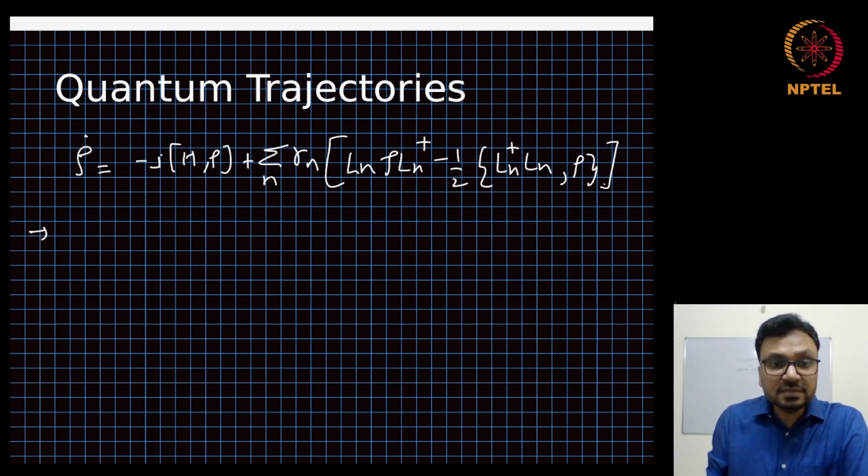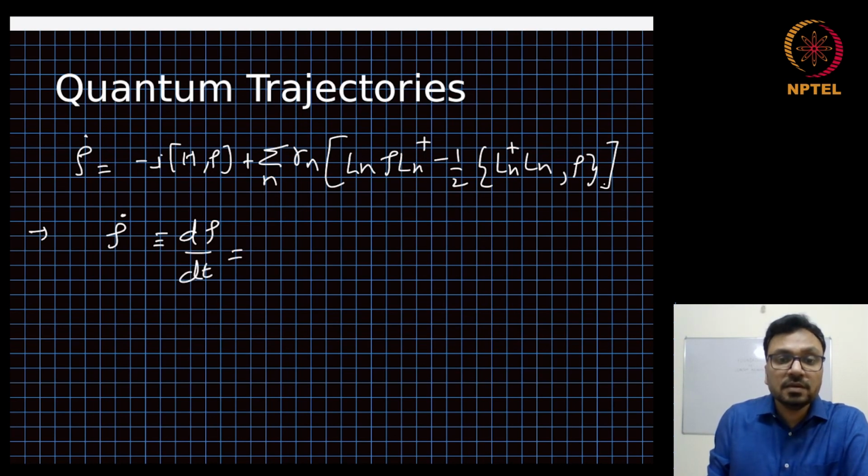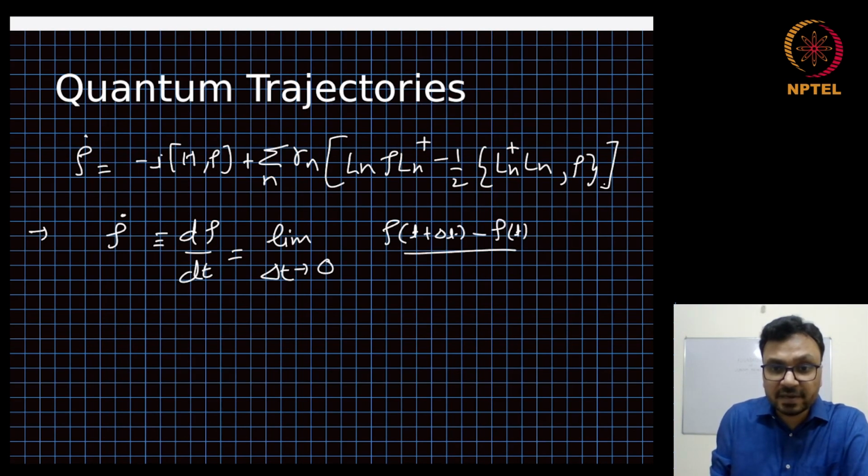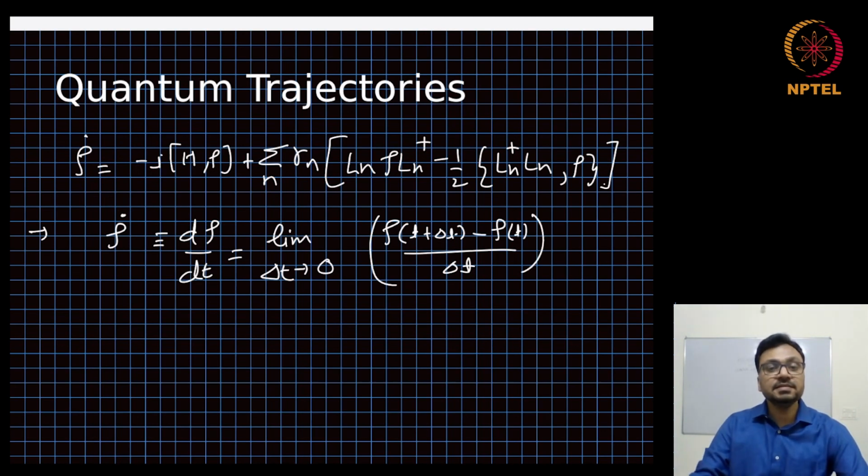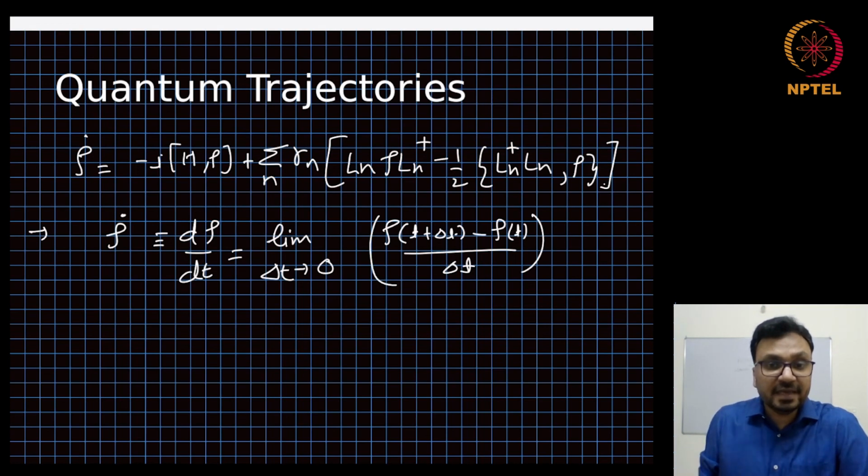First we notice that rho dot, the time derivative of the density matrix, by definition can be written as the limit delta t tending to 0 of (rho of t plus delta t minus rho of t) divided by delta t. By definition, the derivative of a function or operator can be written in this form.